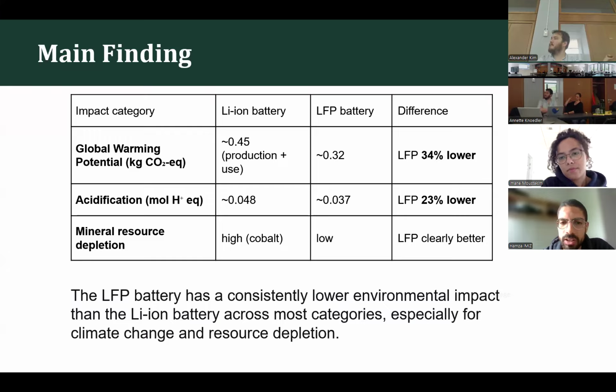And as Iman said, this is known in literature, and we just verified this known scientific result. Next.